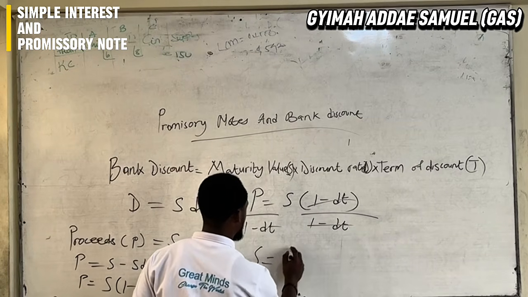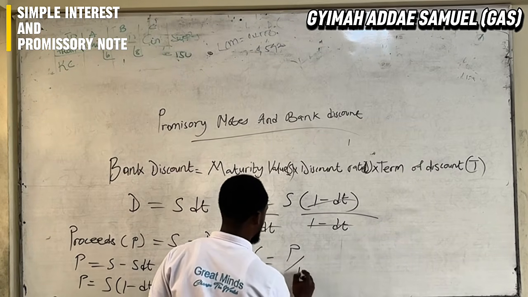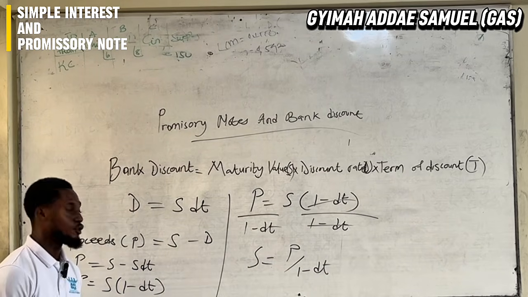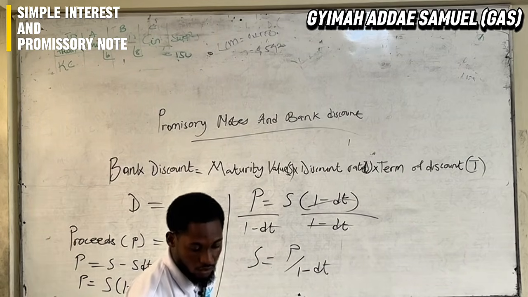Now S is standing alone, so it will be C divided by 1 minus dT. This is what we just solved for.